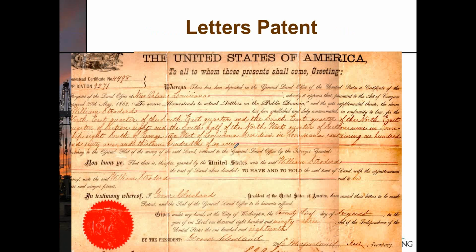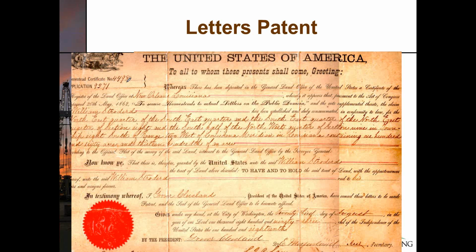I happen to have the letters patent from my grandmother's grandfather, so my great-great-grandfather, conveying property in New Orleans, Louisiana, or rather it was at the General Land Office in New Orleans, Louisiana. You can see clearly it says the United States of America.